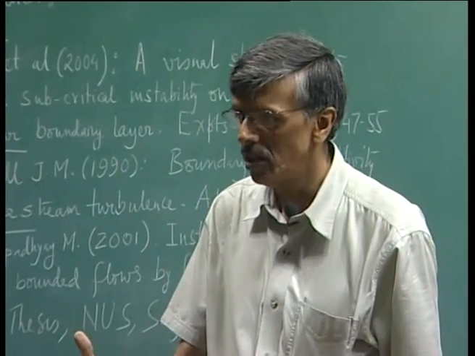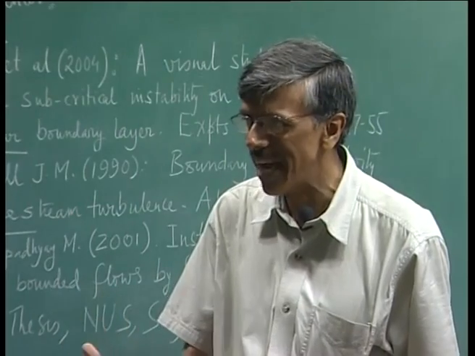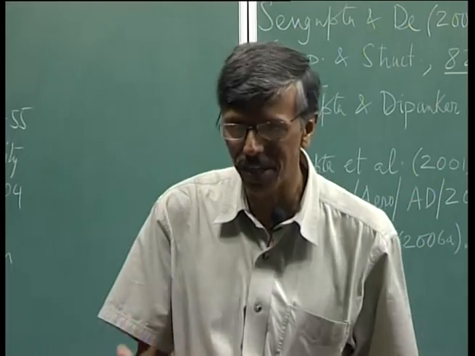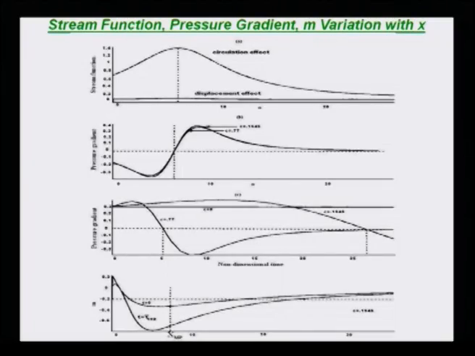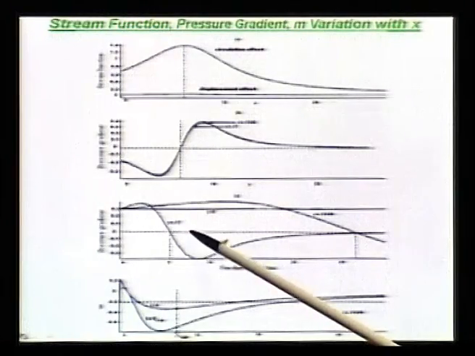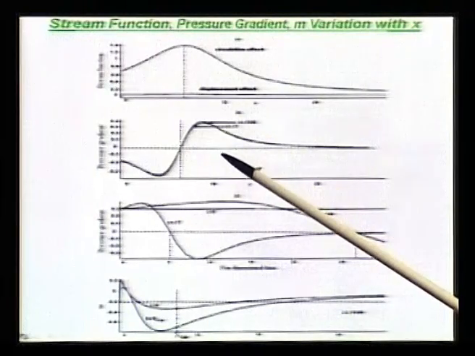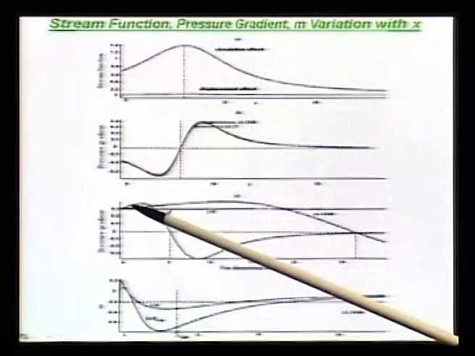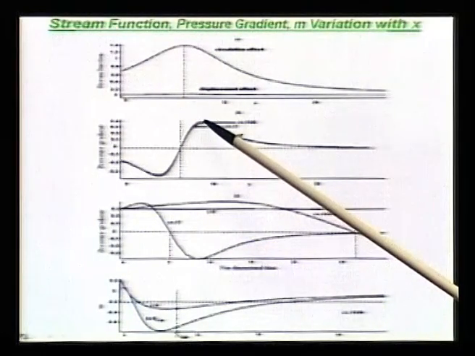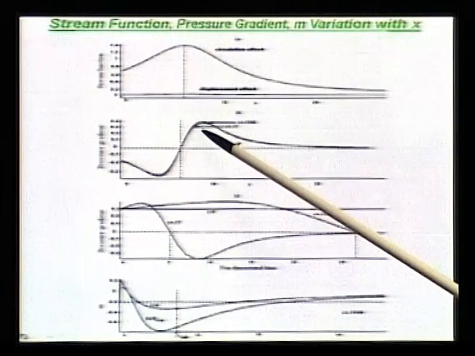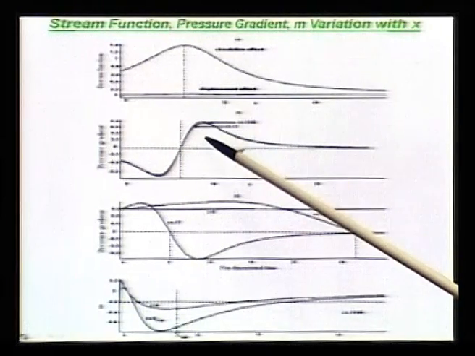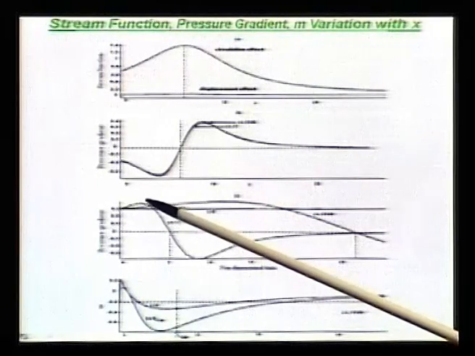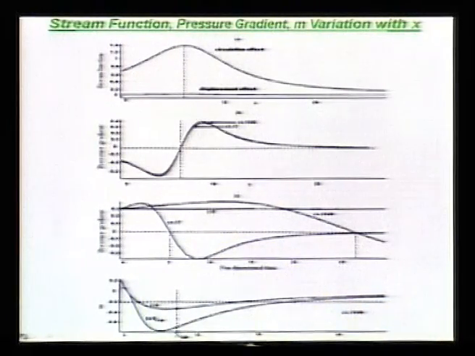So, you can see the role. It's not a static system that we are studying. We are looking at a dynamical system, so the time history is important. The 0.77 case, although it may produce at a fixed time the same amount of adverse pressure gradient, maybe even slightly more, as you can see this curve goes slightly above that for 0.15, that is true here, but after some time it falls off.